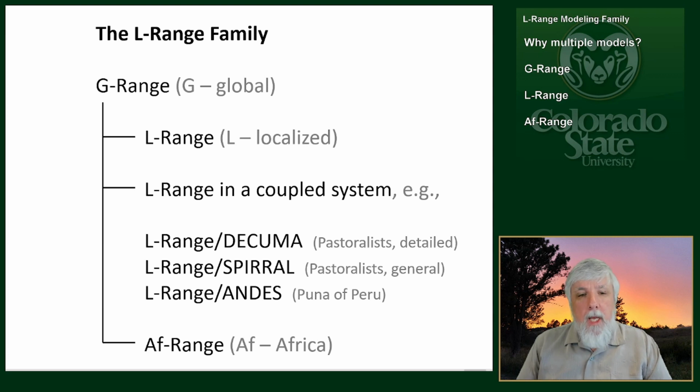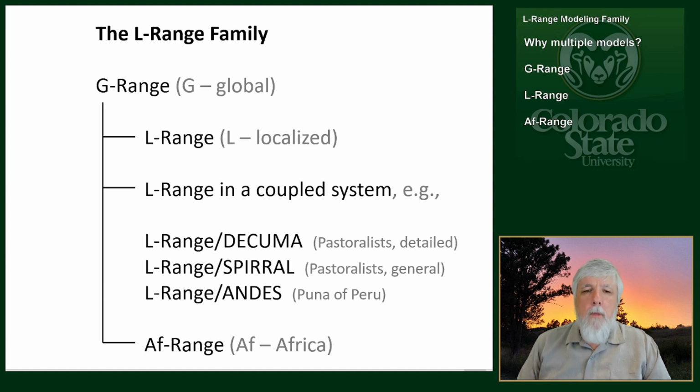Recognizing that prompted me to create the L-range model, which again, just modest changes from the G-range model. If you knew and know how to use G-range, then you know how to use L-range. The L-range model is for a local area, so L for localized.